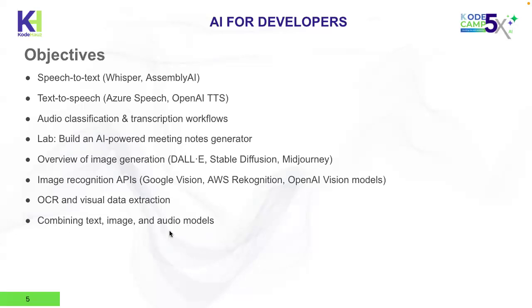Then combining text, image, and audio models. When we hear multimodal, you have to be able to combine all of that. I haven't mentioned video here, by the way, because there are a lot of really interesting video technologies these days. So we'll look at some of those.